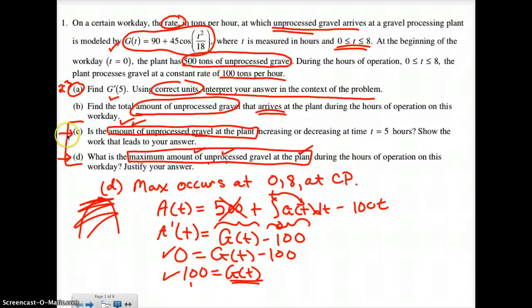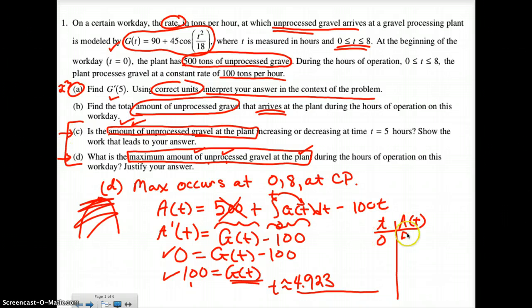And when you did that, it ended up being at about 4.923. It probably would have written the whole thing down here. I rounded to 3 decimal places. So then when you go do your candidate analysis over here, I've got 3 times I'm looking for. At the start there were 500 tons of unprocessed gravel. That was given to me.